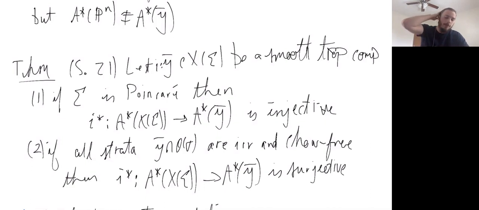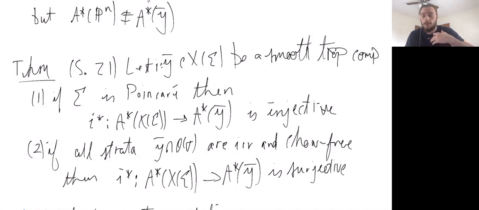One particular example where this works is when Y bar is the compactification of the complement of a hyperplane arrangement, and this theorem allows me to determine similar results where Y bar is a compactification of not necessarily an arrangement of hyperplanes, but maybe of some hypersurfaces.